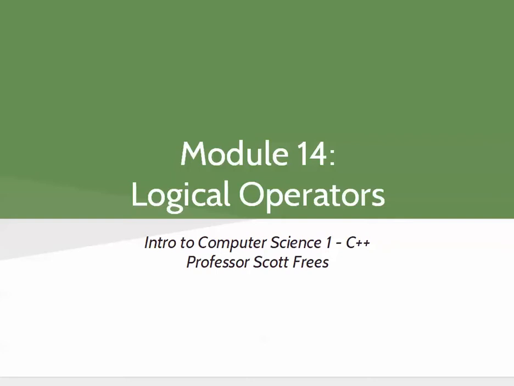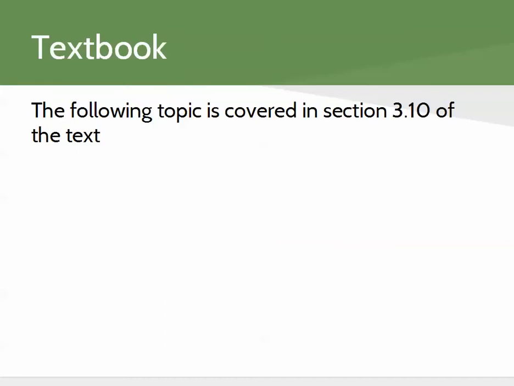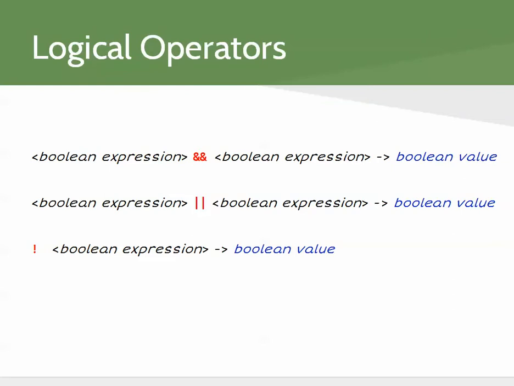So Boolean logic not only comes into play when designing hardware, it also is going to find its way into our programs more often than not. Logical operators are covered in section 3.10 in the text, and they work in a fairly straightforward fashion.